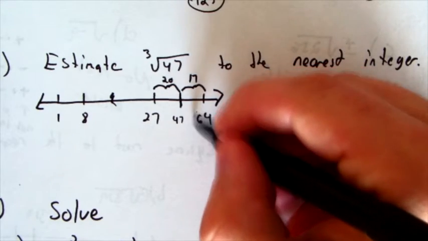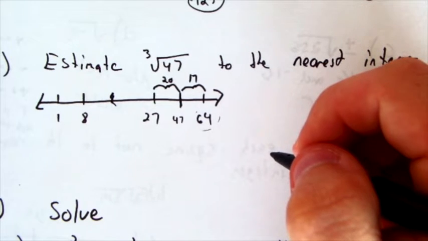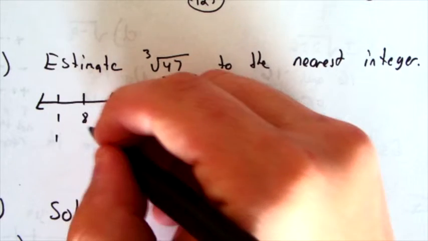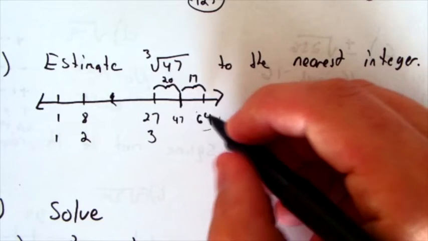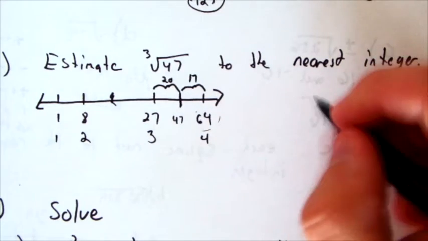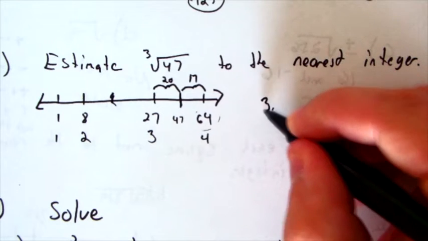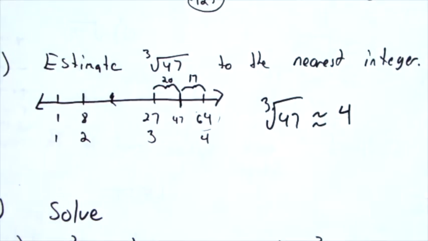Which means that we're really close to 64. Again, the cube root of 1 is 1. The cube root of 8 is 2. The cube root of 27 is 3. The cube root of 64 is 4. Which means that because 47 is closer to 64, the cube root of 47 is about 4.